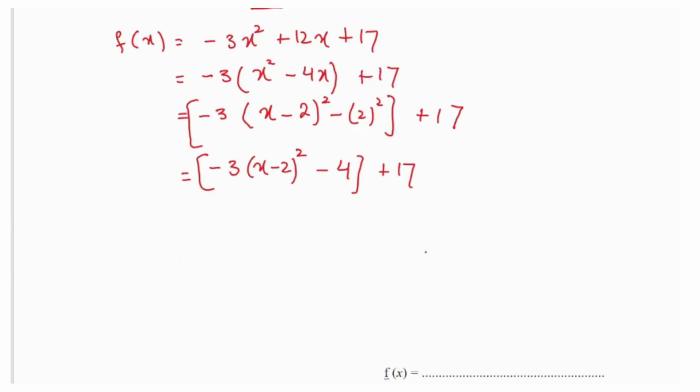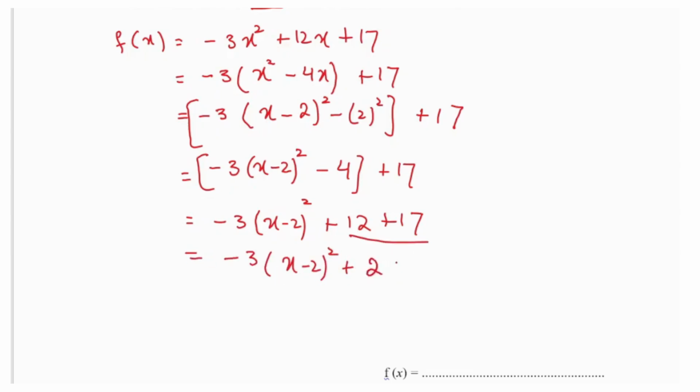Because this is multiplication by 3, we multiply everything by 3: minus 3 (x minus 2) whole squared, minus 3 times minus 4 becomes plus 12, and we have outside plus 17. That becomes minus 3 (x minus 2) whole squared, 17 plus 12 gives us 29.